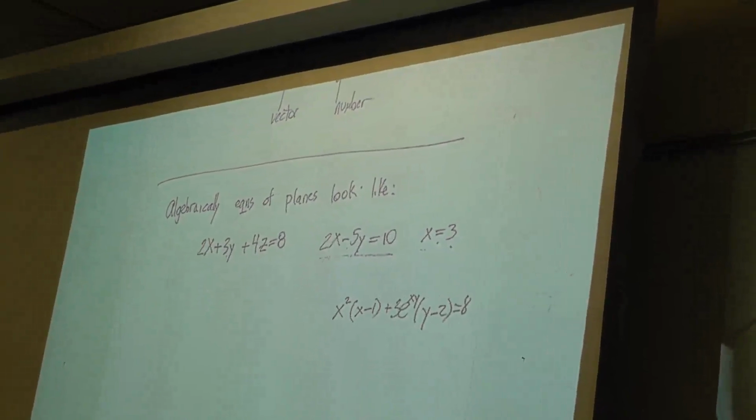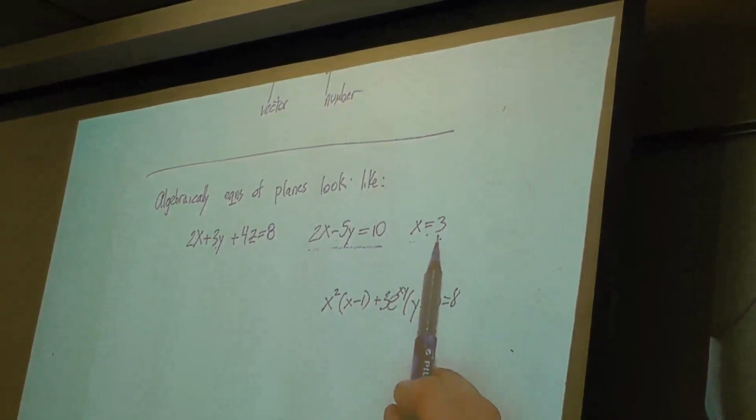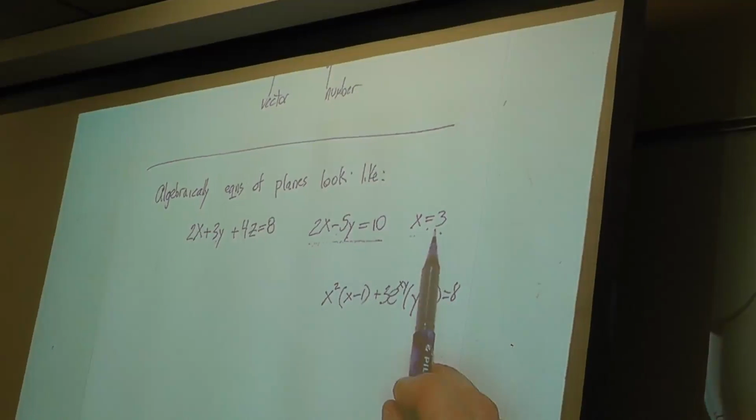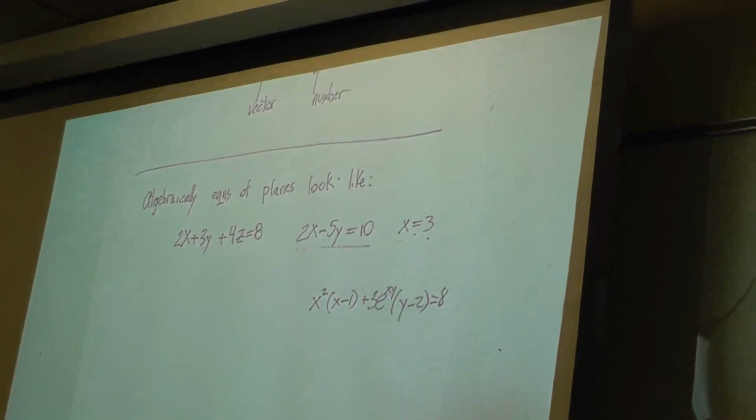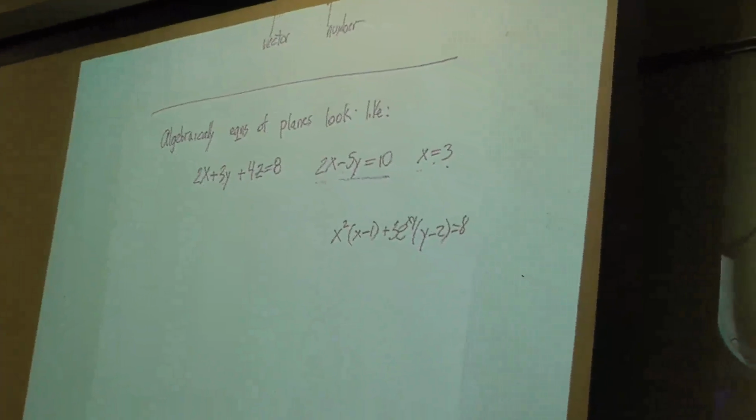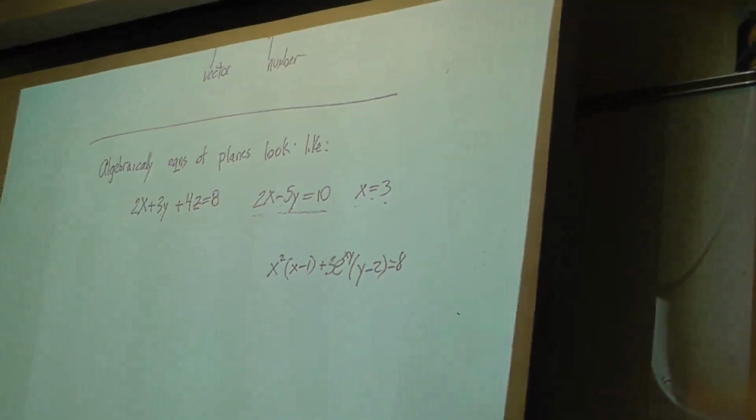Does that third one, x equals 3, does that uniquely identify a plane? Yes, that is the plane where every point on that plane has got an x coordinate of 3.